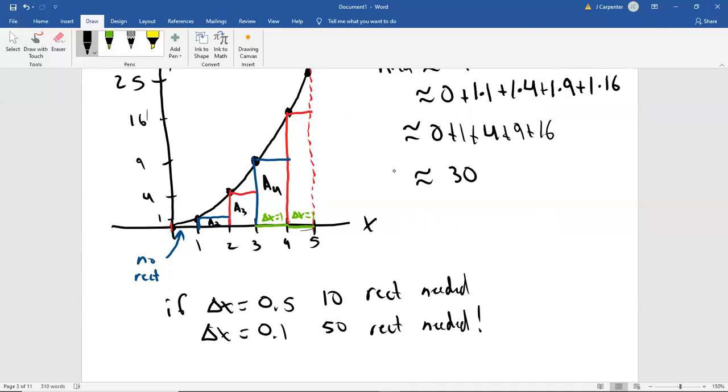But again, this is just showing how we kind of build to the real calculus.